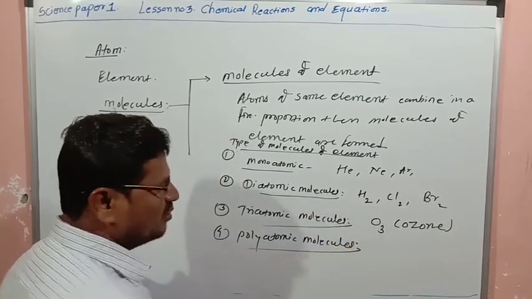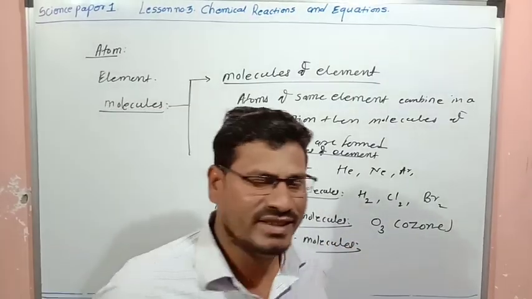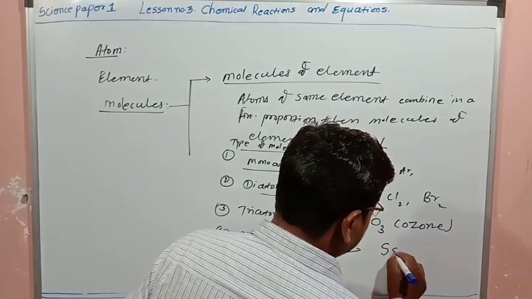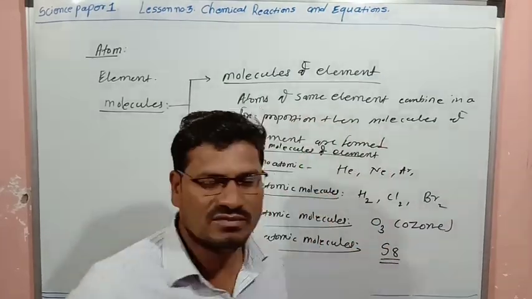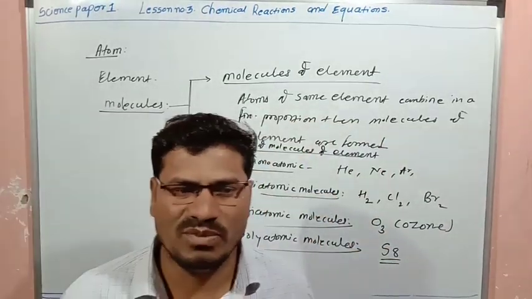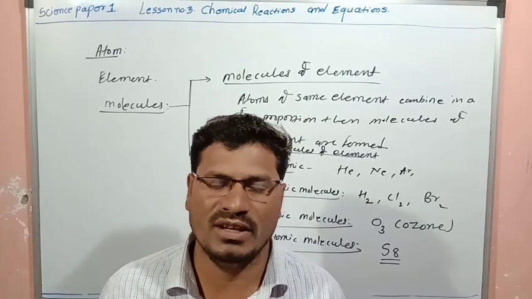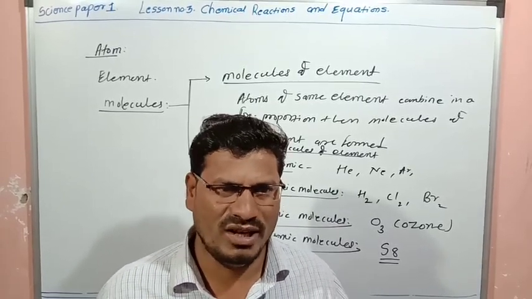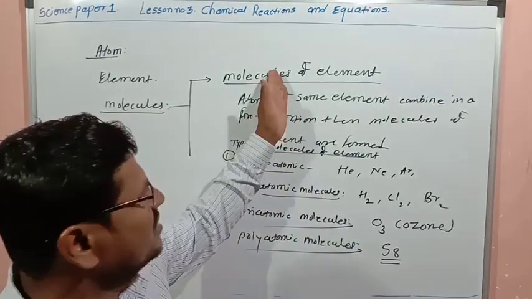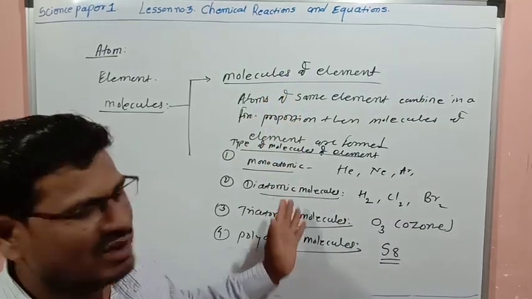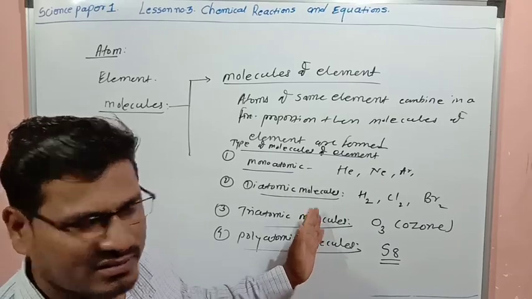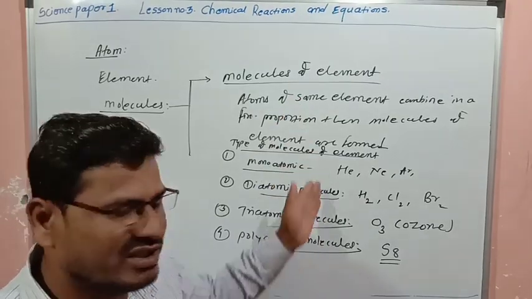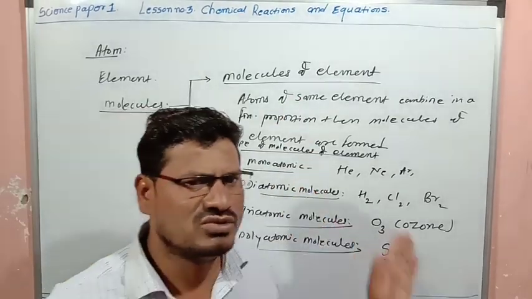In polyatomic, an example is S8, a molecule of sulfur, in which 8 sulfur atoms are there. So these are the molecules of element. Do you understand? In molecules of element, only one kind of atoms are there, and based on the number of atoms, these are the types.